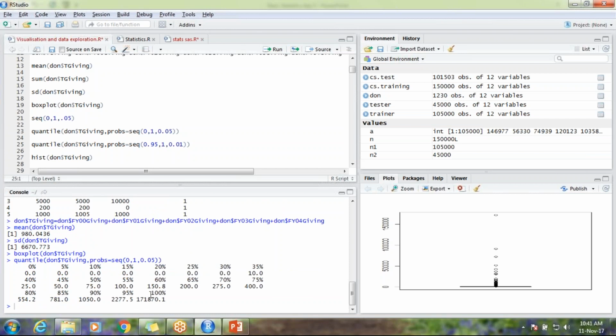Even until 95 percentile, I have 2,277. For 100 percentile, I have 1,71,870. So see, there is a huge jump, and it is very unexpected that I will have this much amount of donation.